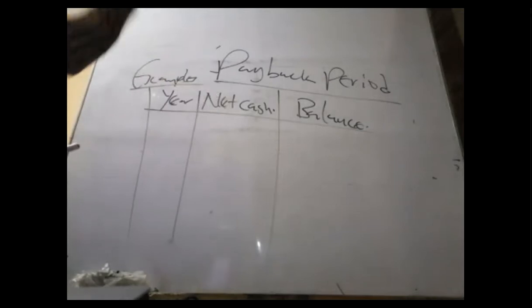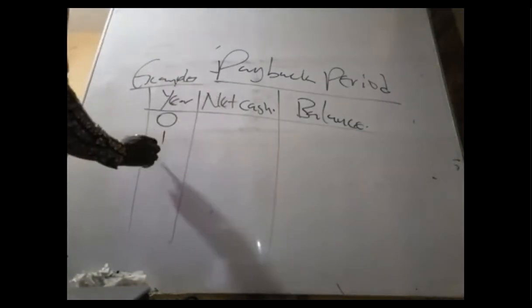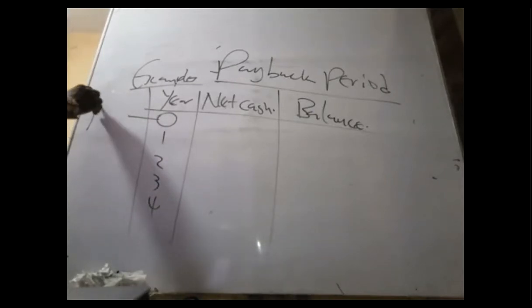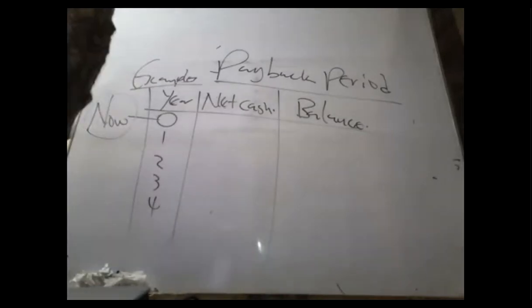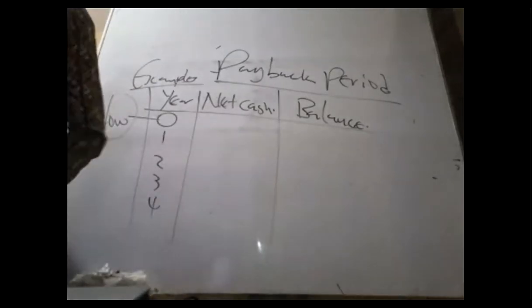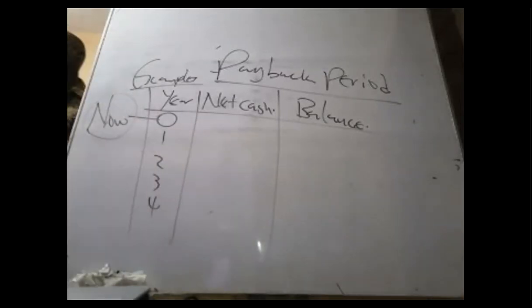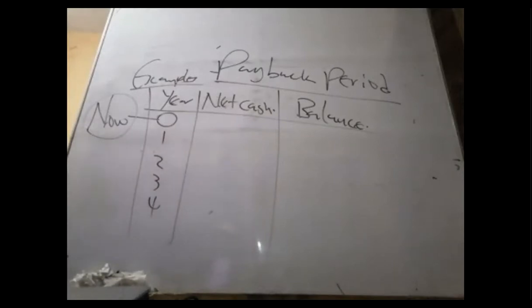And note, for payback you start from year 0, 1, 2, 3 up to year 4. Year 0 means now, today. That is where you invest the capital. The capital outlay needs to be invested now in year 0, or make that money available to make the decisions. Okay. So that is that.